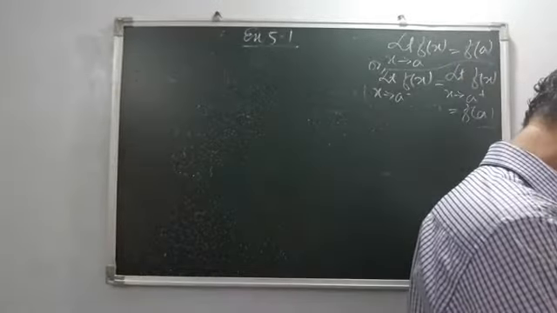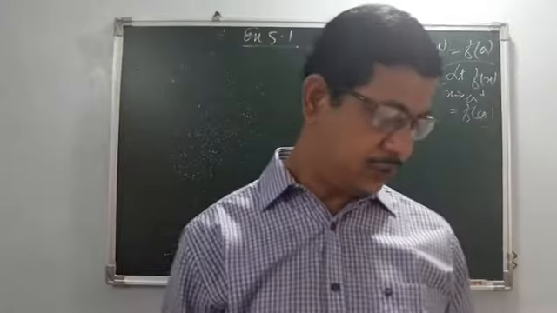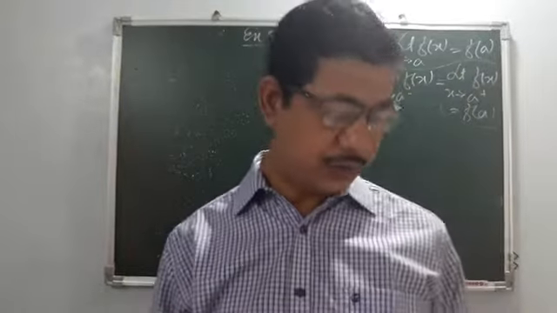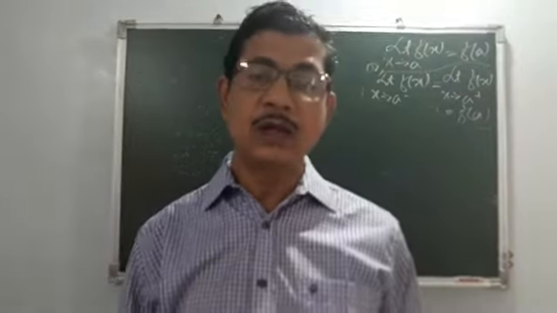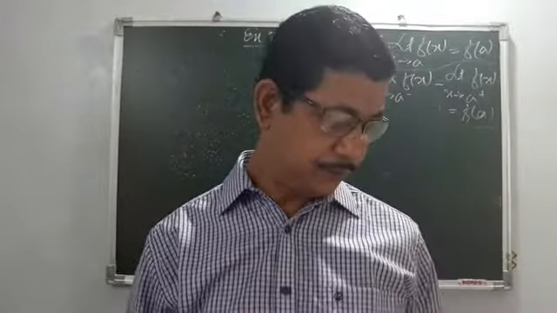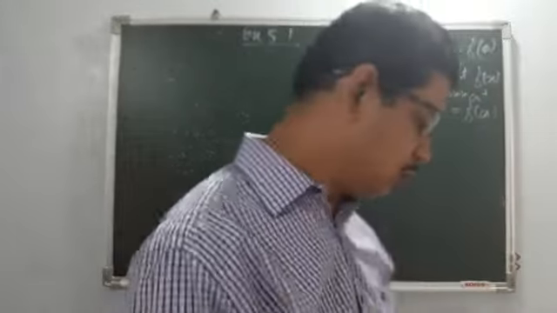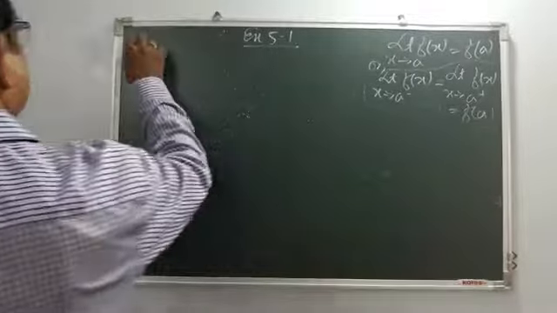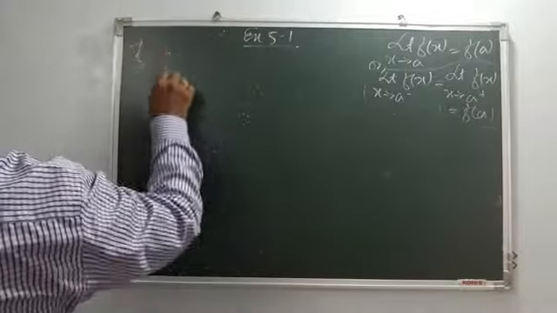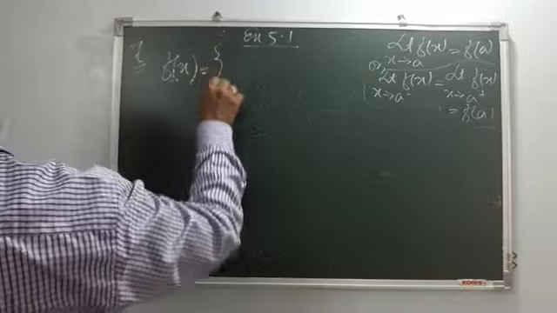Our question number 7 is given as f(x) equal to modulus x plus 3 if x is less than or equal to minus 3, minus twice x if x is greater than minus 3 and less than 3, and 6x plus 2 if x is greater than or equal to 3. So these are the three parts we consider. f(x) has three values.